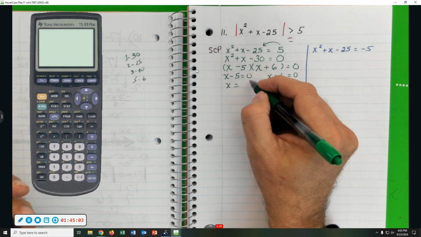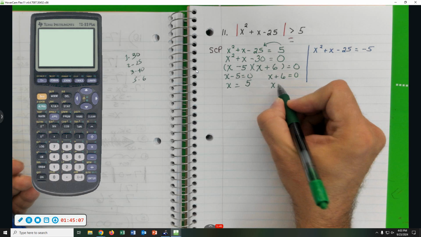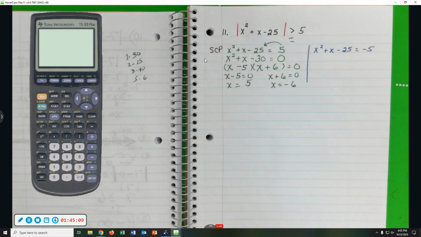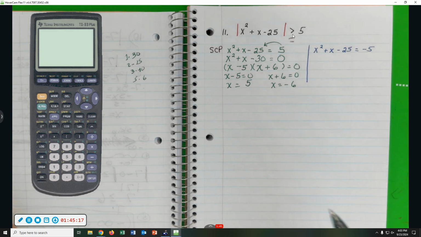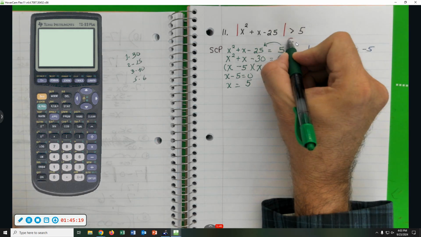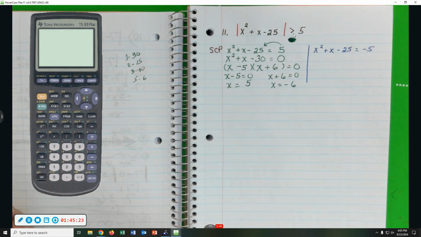Yes. And what's the second one? Negative 6. And while I'm thinking about it, let me go ahead and decide on open or closed circles. Looking up here, just mark that out.